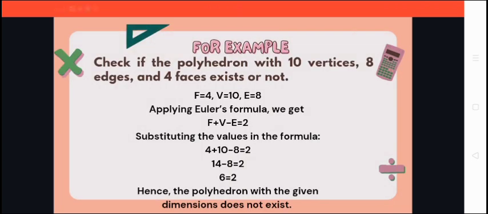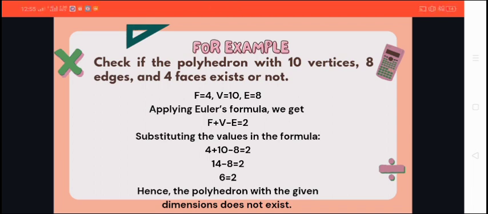Let's proceed to the last example. Check if the polyhedron with 10 vertices, 8 edges, and 4 faces exists or not. So we can put the indicated values. The faces is 4, the vertices is 10, the edges is 8. Applying Euler's formula, we get F plus V minus E equals 2.